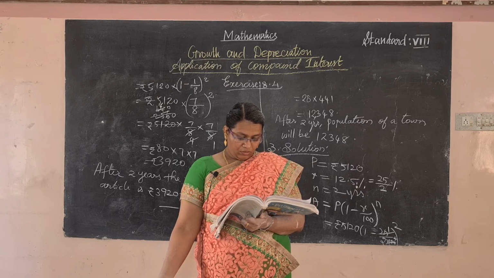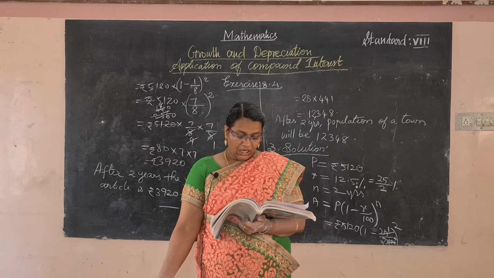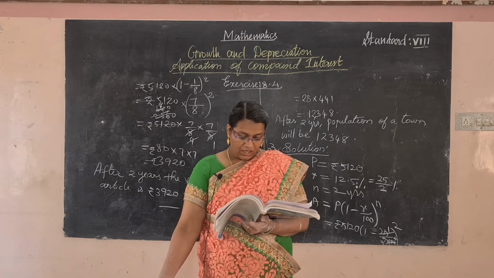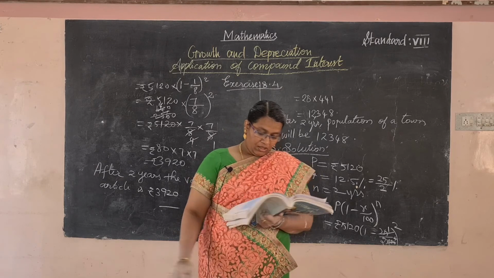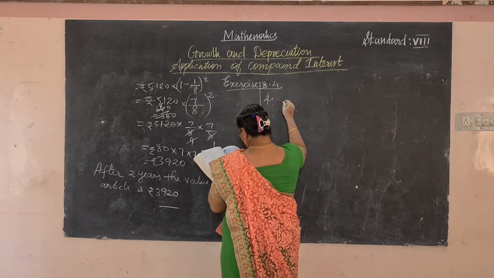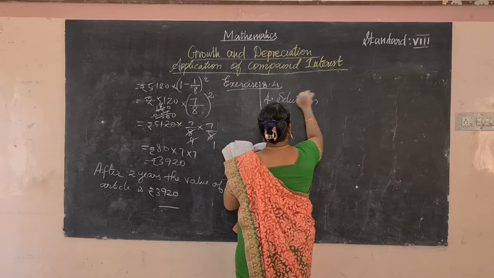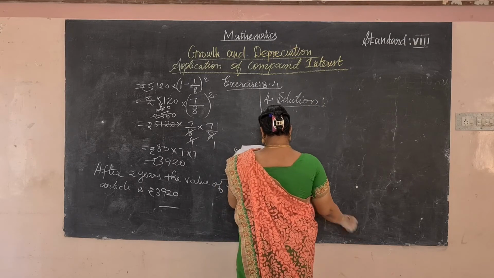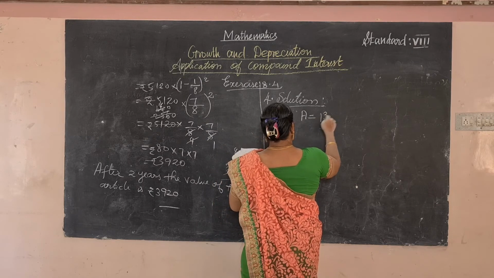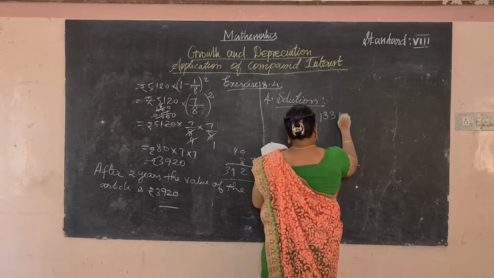Now we know the amount, and P is also known. We have calculated for 3 years of the population of the females. So A value was given, 1,33,100.